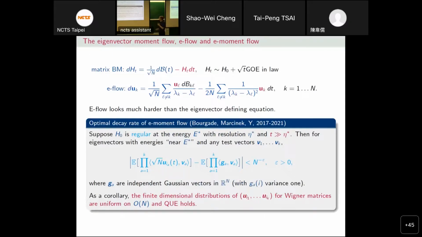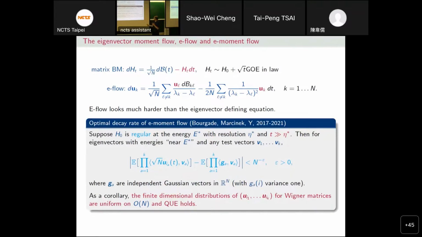But I feel that there may be some intrinsic ideas where you don't have to look at these moments. The other thing you can do is look at this directly, look at the heat equation problems on the high dimensional orthogonal group and see if one can do something about it.